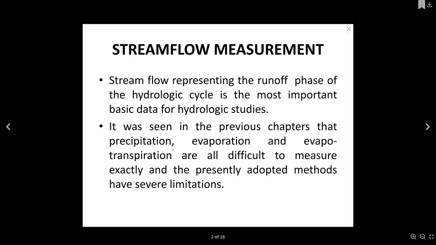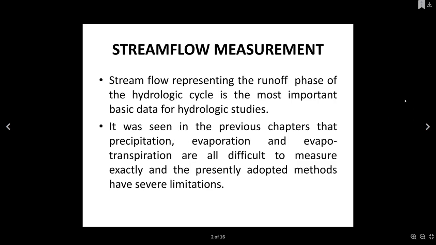So it was seen in the previous chapters that precipitation, evaporation, and evapotranspiration are all difficult to measure exactly, and adopted methods have severe limitations. So yan yung mga discussion natin last time, na usually dahil sa complexity ng phenomenon, yung evaporation, evapotranspiration are difficult to measure exactly.